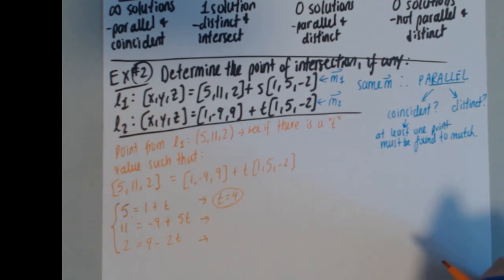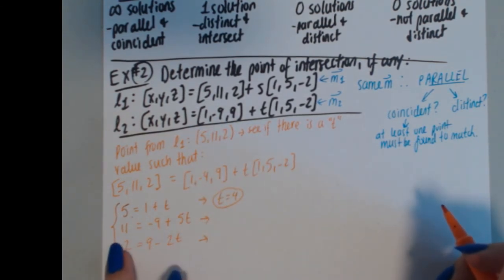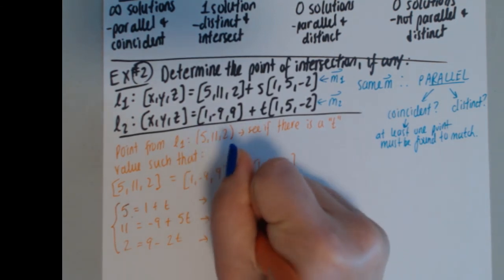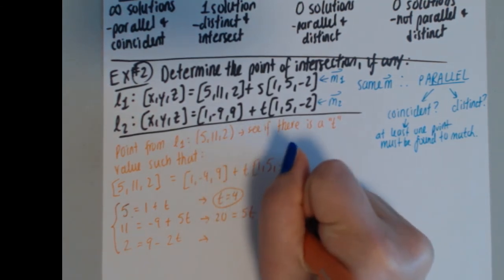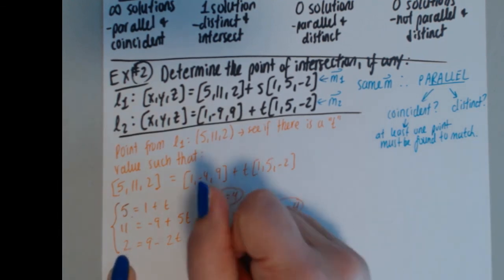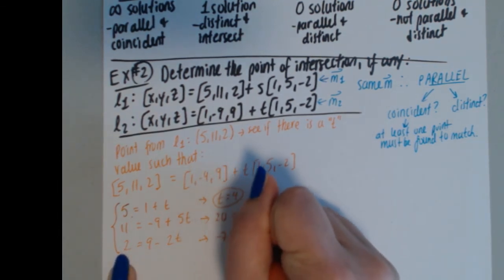In the second case, I have 11 + 9, so that's 20. 20 = 5t, so t = 4. Looking good so far. Remember, it has to match for each dimension. You can't stop there. Last case, 2 - 9 is -7 = -2t.